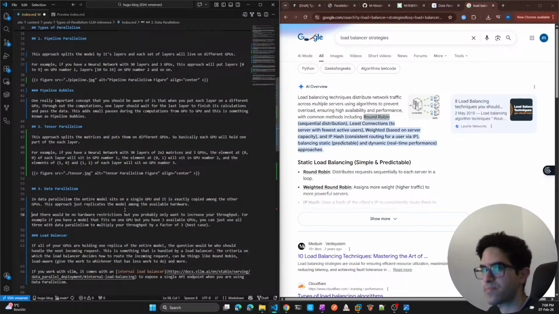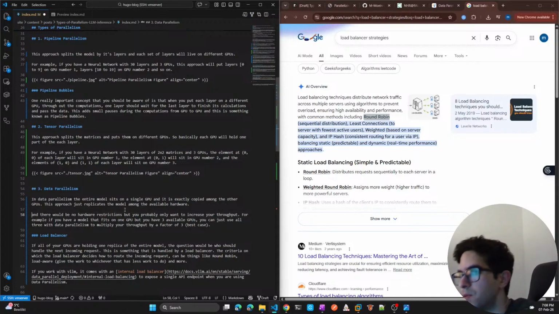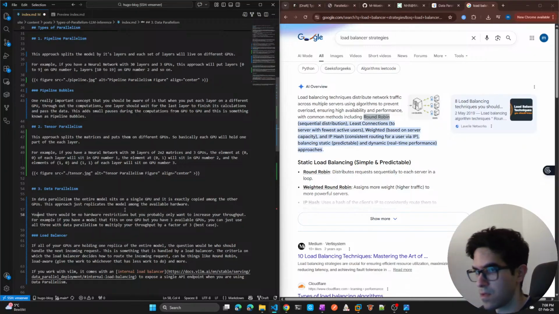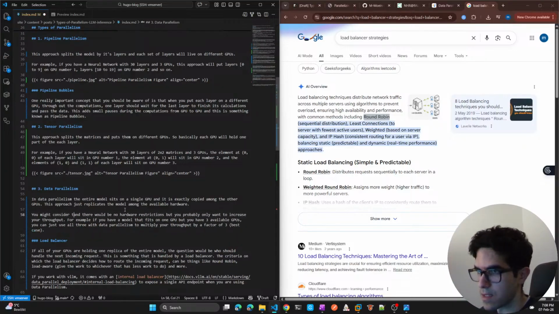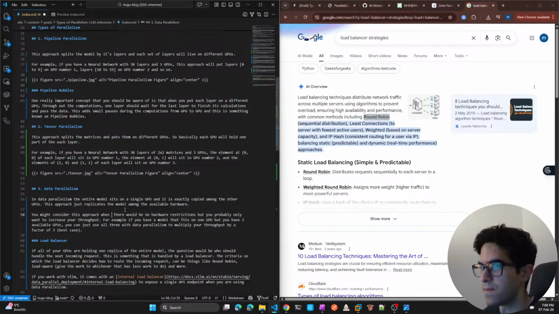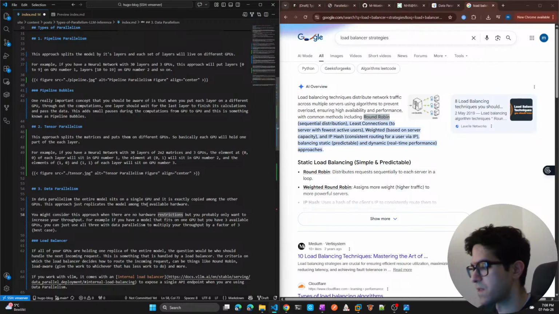But you probably only want to increase your throughput. You might consider this approach when there are no hardware restrictions to fit the model.